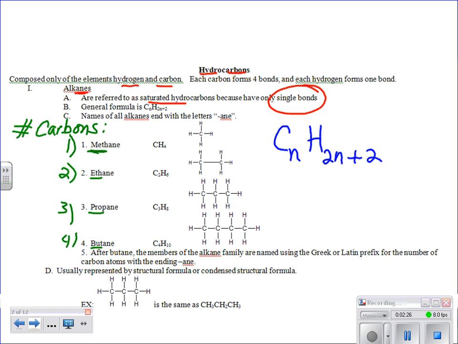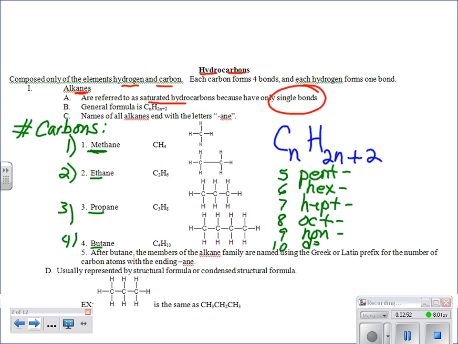And then after that, it's things that you probably already know, but we're going to write them down again: 5, 6, 7, 8, 9, and 10. For 5, it's going to be pent. 6 is hex. 7 is hept, H-E-P-T. 8, oct. 9 is non. And 10 is dec, D-E-C.